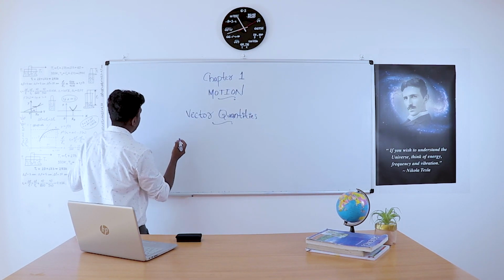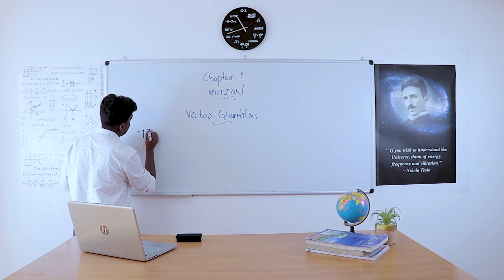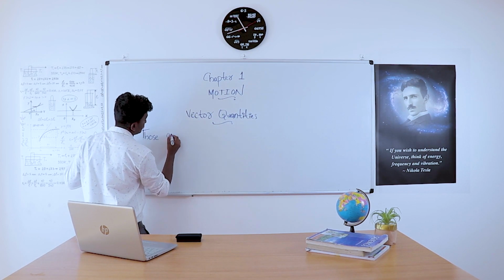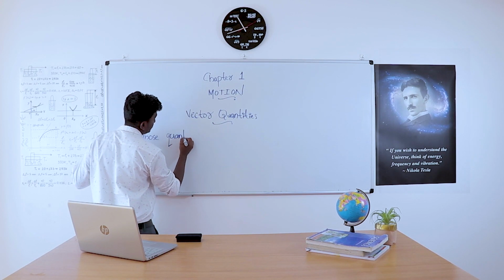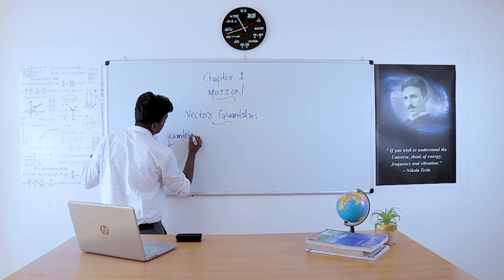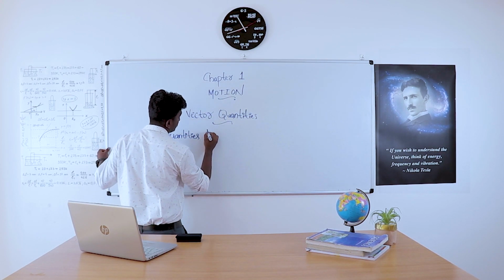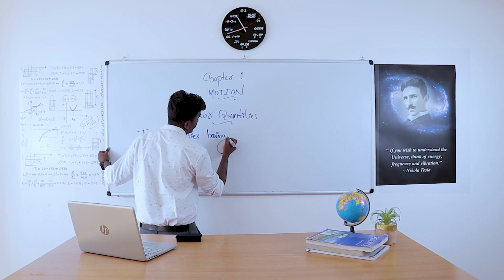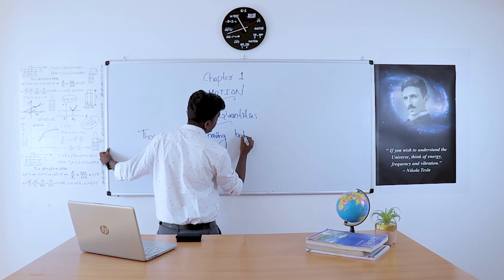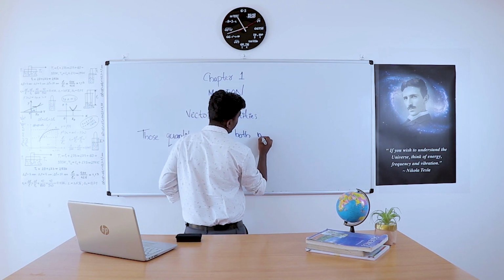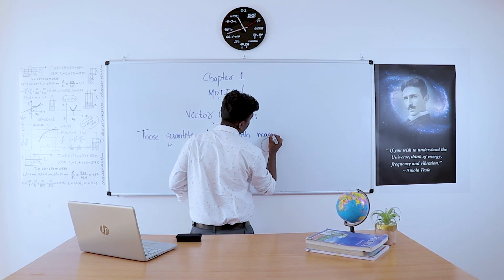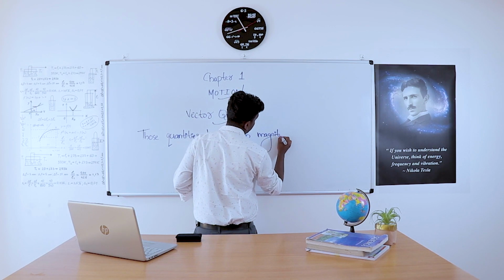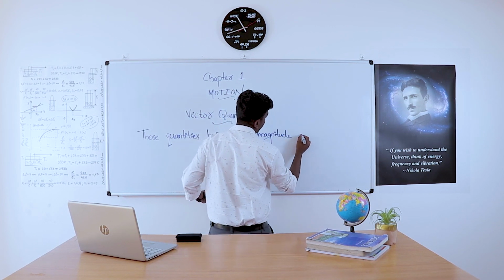Now we can define the vector quantity as those quantities having both magnitude and direction.